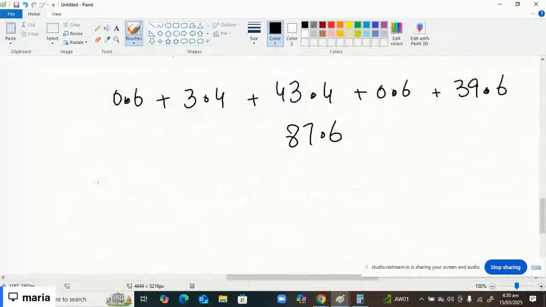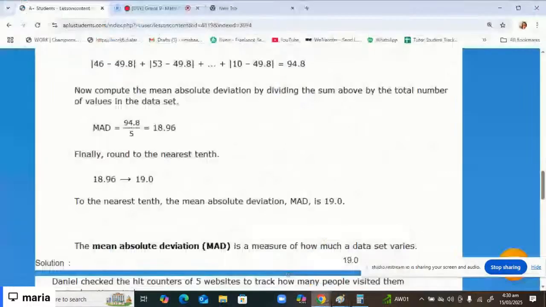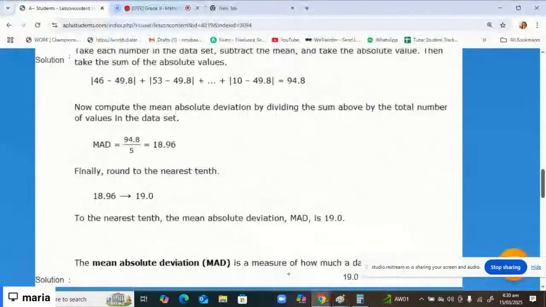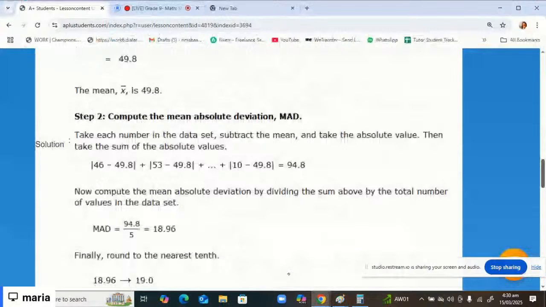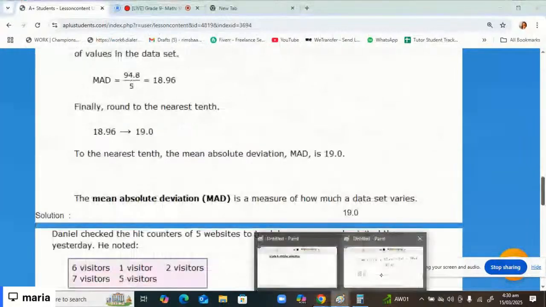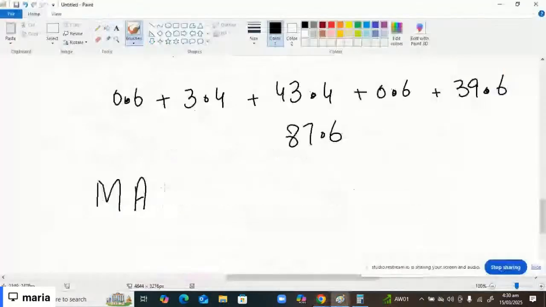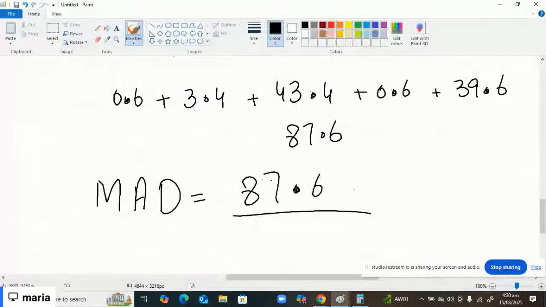Let's do it. So this basically represents MAD, that is showing the mean absolute deviation. Okay, so the mean absolute deviation is 87.6, and how many total values? 1, 2, 3, 4, 5. Let's divide.